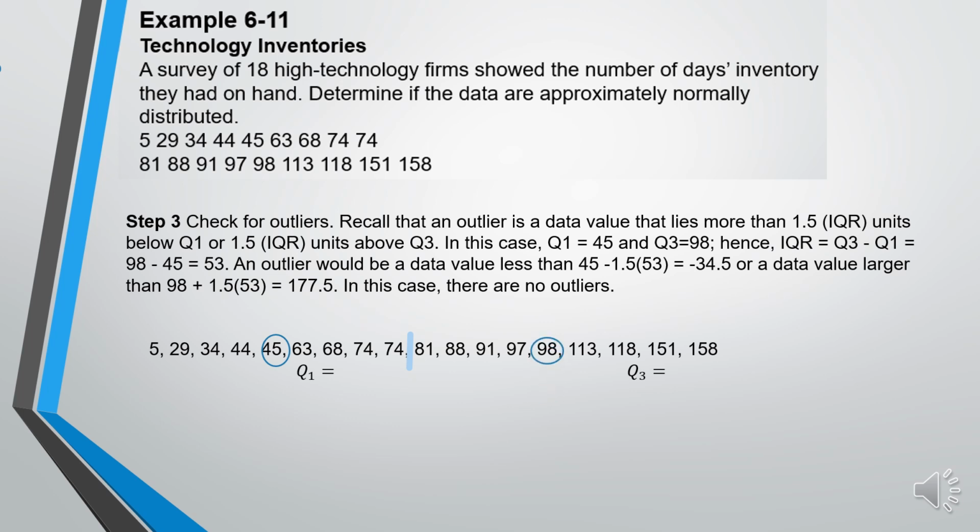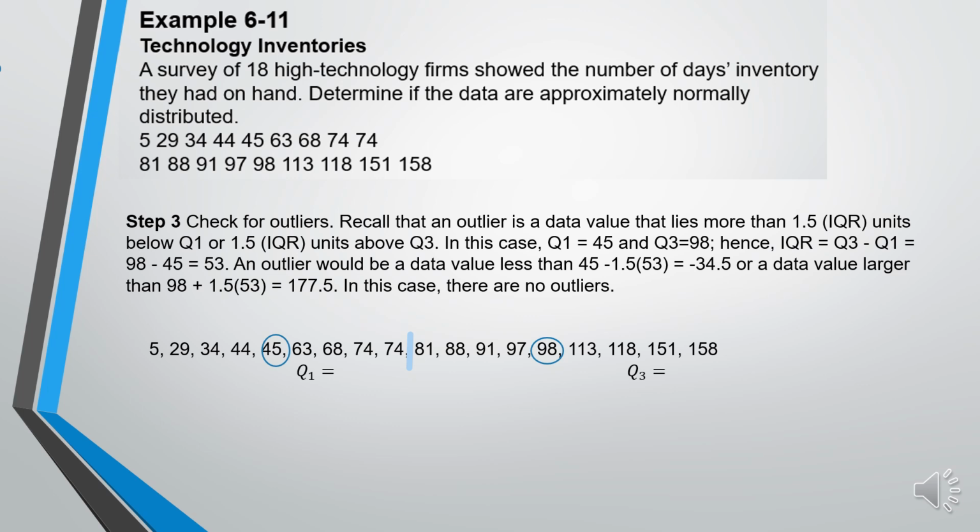So therefore, the IQR or interquartile range, to get the value of this, we just need to subtract quartile 3 minus quartile 1. So 98 minus 45 is 53.